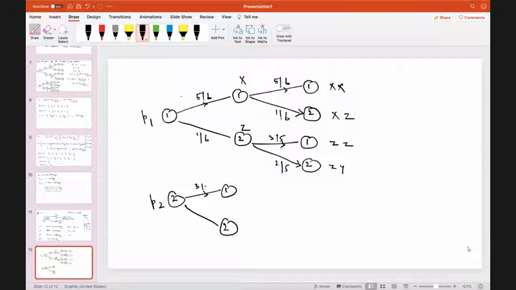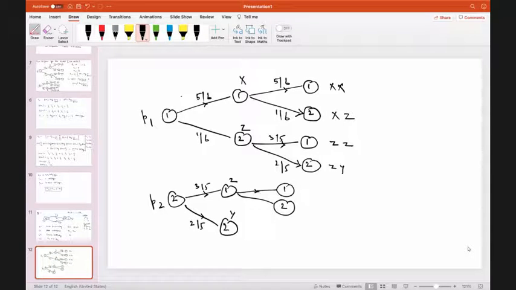So this is 3 by 5, and this has to be 2 by 5. So when you go from 2 to 1, you emit Z, and when you go from 2 to 2, you emit Y. Then you go like this. So you emit 1, and then you emit 2.